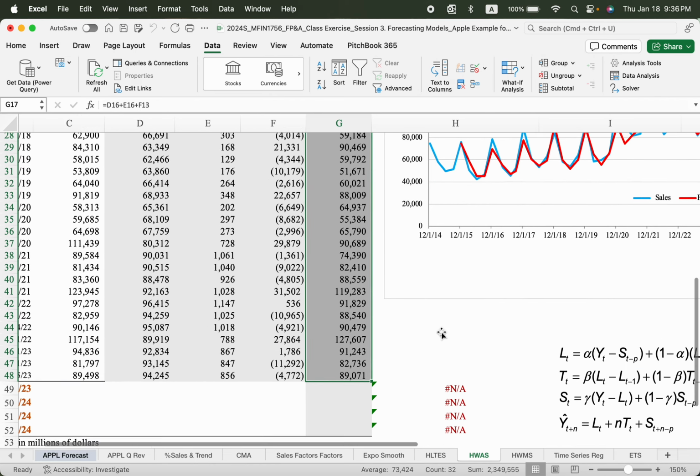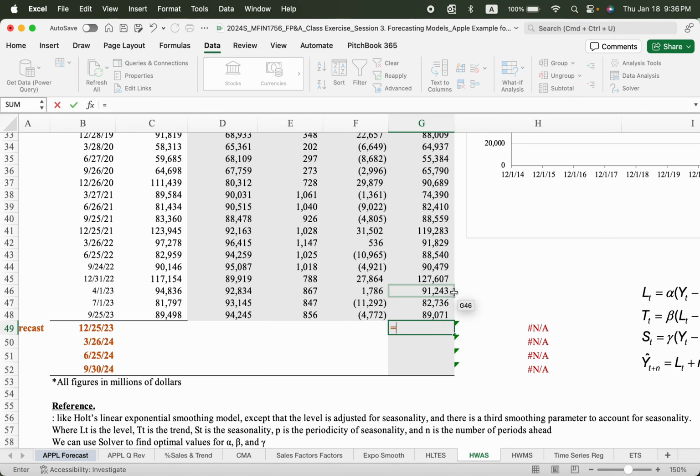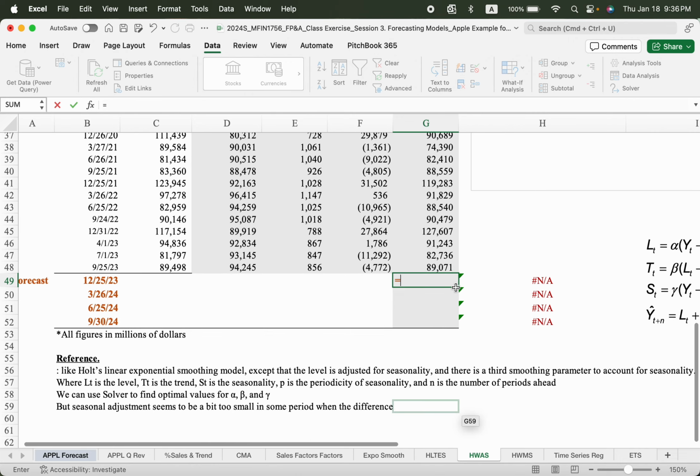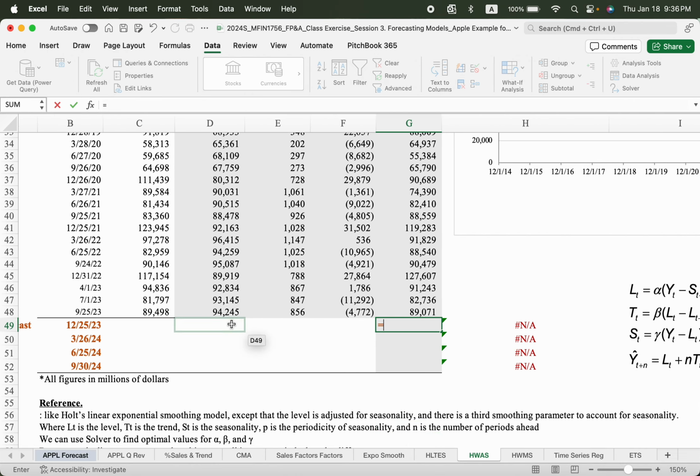Now we want to forecast using the ROW function. So here, again we are going to use the same formula, but using the ROW function, starting from here, the prior quarter sales level, because we don't have the next and next and next.